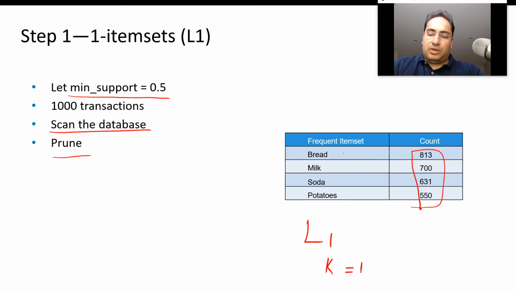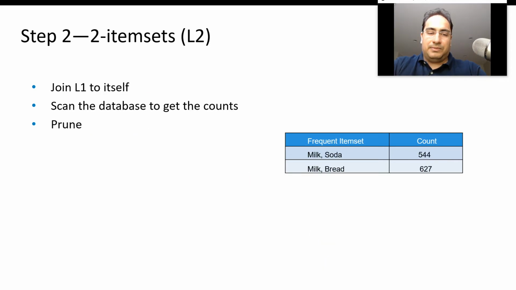Okay, so the next step is that we are going to join these items together and create more frequent item sets. For example, we create milk and bread, bread and soda, bread and potatoes, milk and soda, milk and potatoes, and soda and potatoes, and then calculate their support and see if they meet the minimum support.